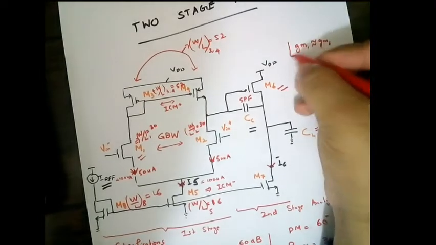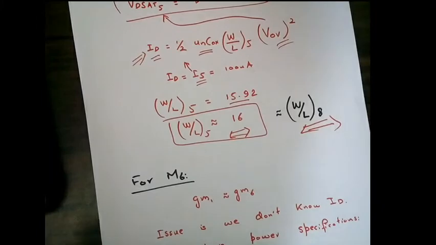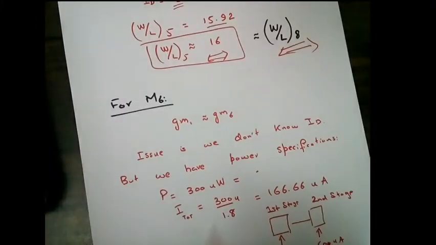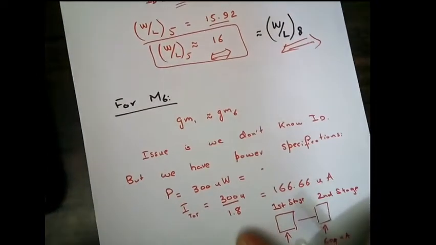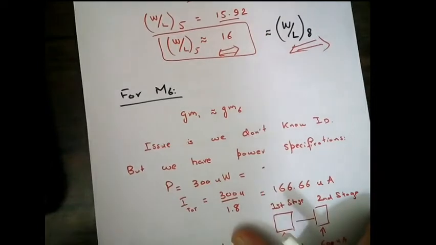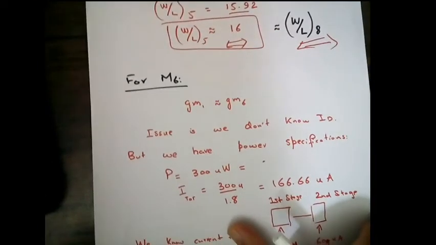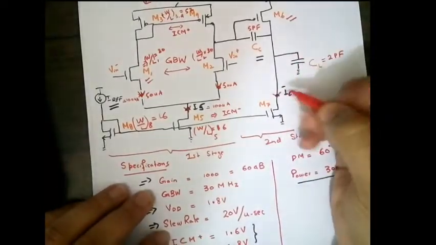So if they are equal, we can use the same expression which we used previously: when we know the value of GM, we can find the width and length without knowing the VGS minus VT. But one thing we need to know is ID. And at this moment, we don't know what is the current flowing through this node.